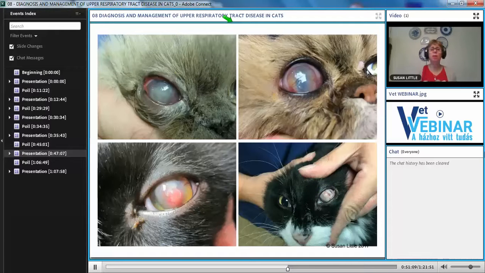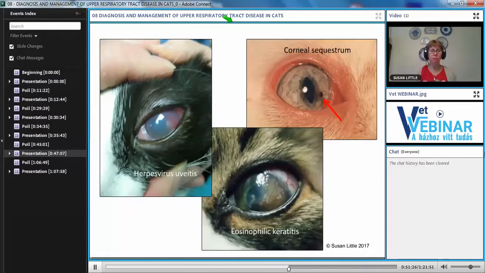So we do see quite a spectrum, but herpes virus is the number one cause of non-traumatic corneal disease in the cat, so we want to always keep that in mind. It's not just corneal ulceration that we see from herpes virus, but other manifestations as well. This cat, for example, has uveitis, and one of the causes of uveitis in cats is herpes virus. So I always have that on my differential list.